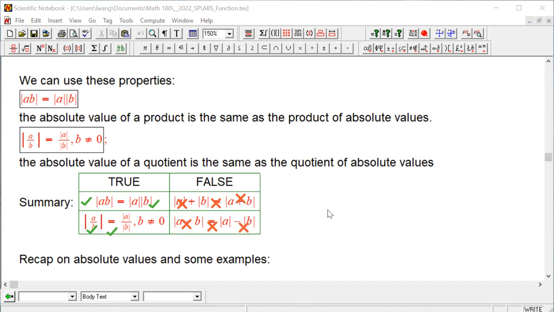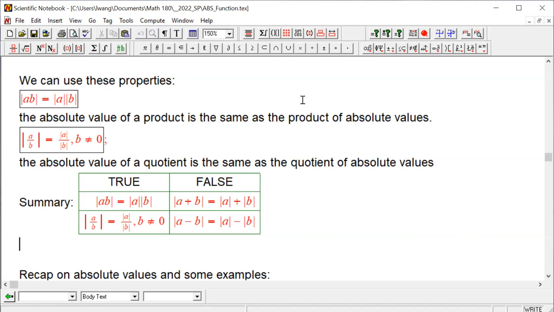All right, so let me bring this over to the other side. So that's summarizing the absolute value operation: adding, subtracting, multiplying, dividing. Multiplication, yes. Addition, subtraction, no. So absolutely not.